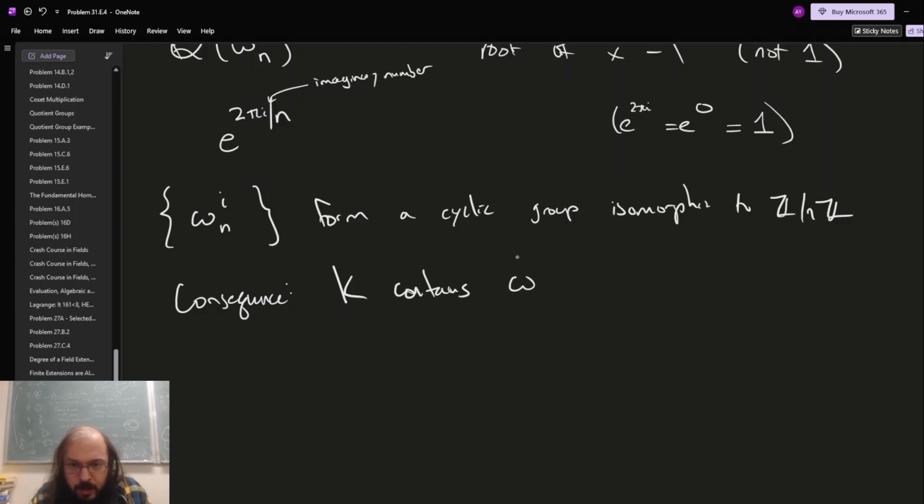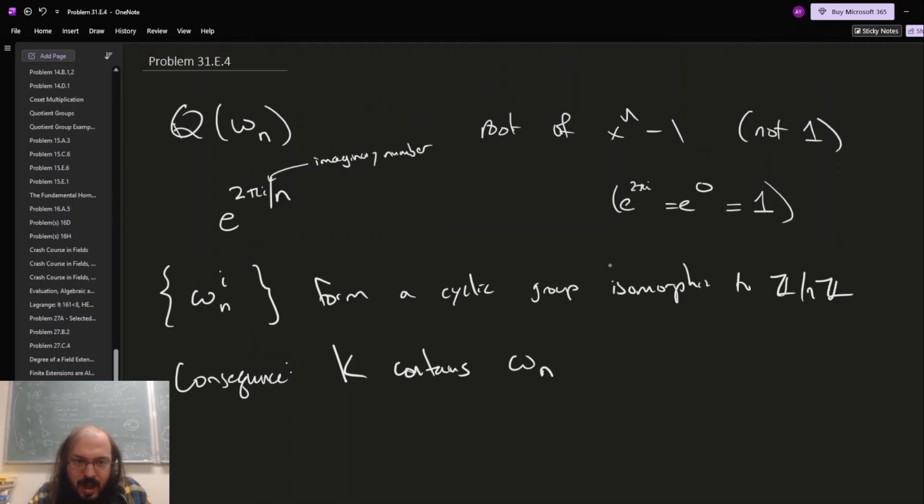Well, I should be clear: if you contain a generator for this group, it contains them all. If n is equal to 4 and you have the fourth root squared, then you only have 2 and 4. So oftentimes omega sub n is used to mean a principal root of unity, like this guy.